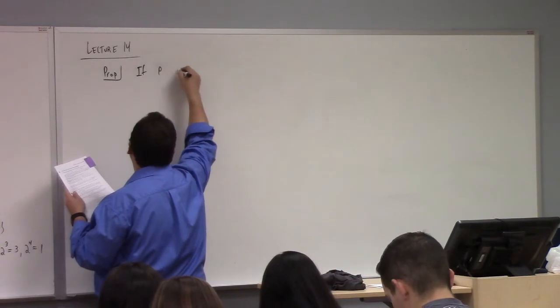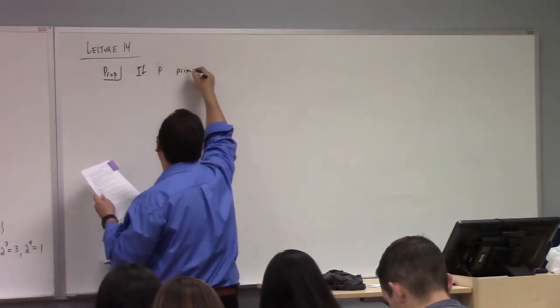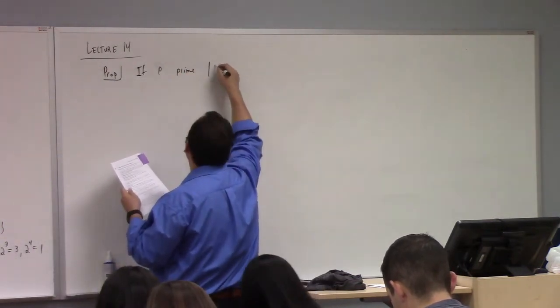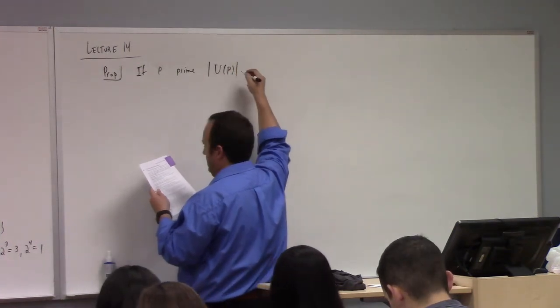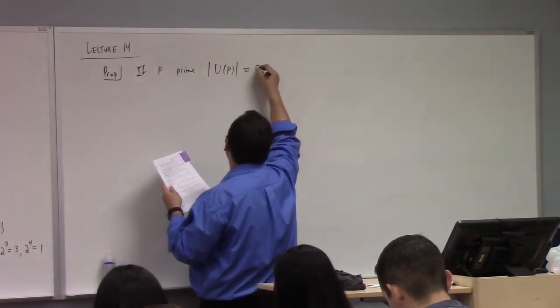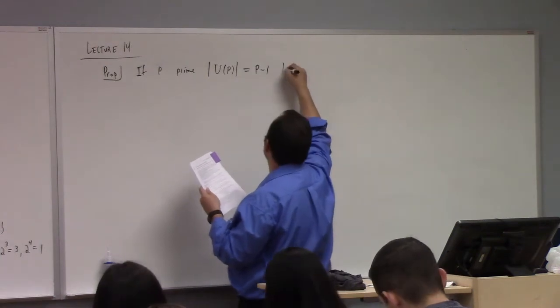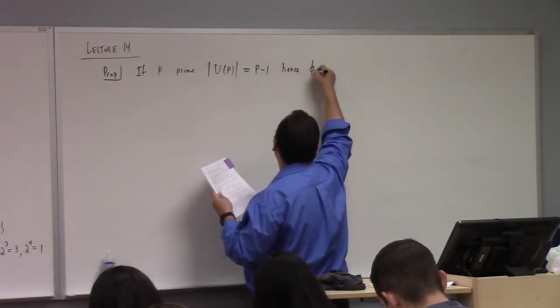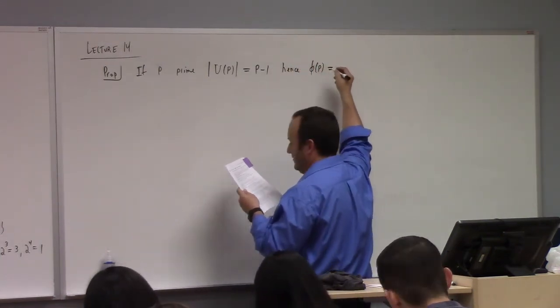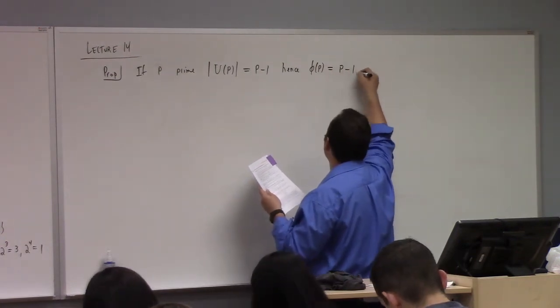If p is prime, then the order of the group of units is equal to p minus 1. Hence, phi of a prime, the Euler phi function, is equal to p minus 1.